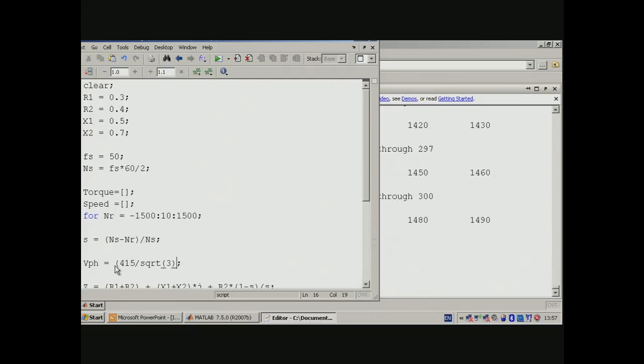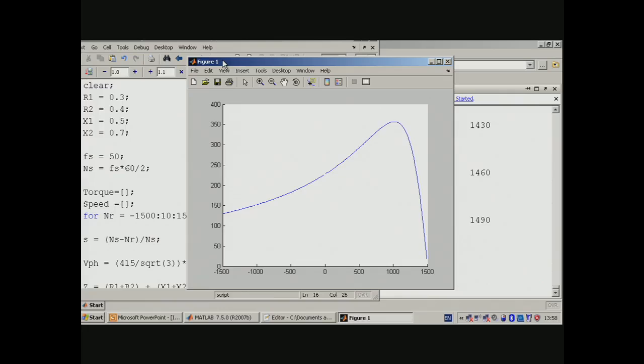So then we'll multiply it with the frequency and divide by 50. If it's 50, you get 415 over root 3. If you reduce the frequency, the voltage will reduce as well. So at 50 Hertz, you'll get the same profile as before. That's your 50 Hertz profile.